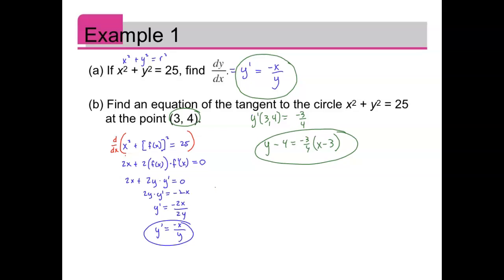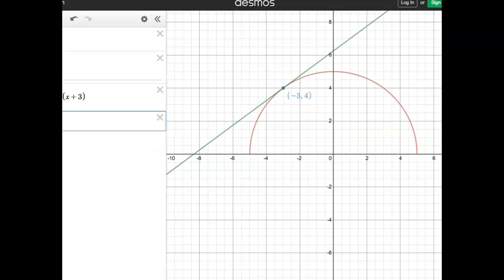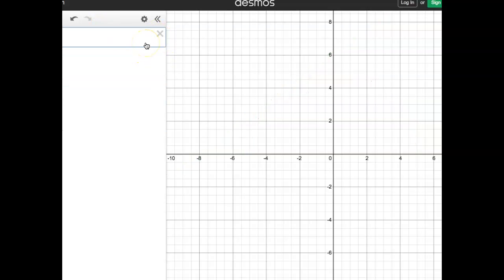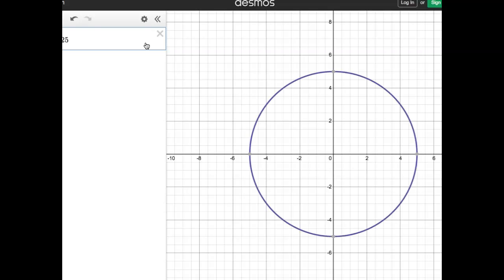And I just real quick want to check our answer. Let's go over to the old Desmos calculator. And our circle is x squared plus y squared equals 25. Okay.